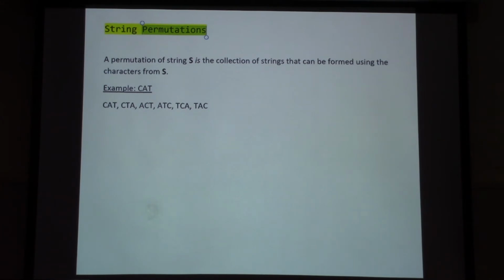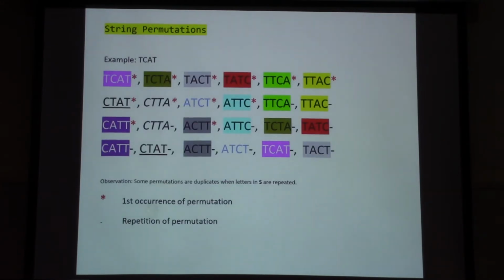But if you have, for example, a word like TCAT, which is not a word, but it could be, TCAT basically could be a different sequence of characters. If you look at all the permutations, if there are 4 letters, then we can permute them in 24 different ways.